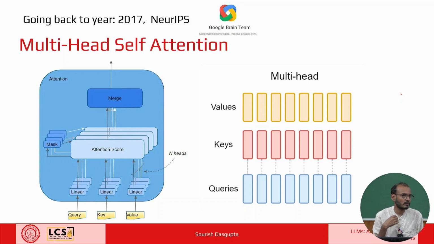What was the rationale? What was the thinking behind it? The thinking was that when you do that, you may be able to capture certain relations, certain incoming edges, that you are not able to capture using only one single head. As an example, let's say you have John and you have ice cream, and there is an edge from John coming into ice cream.